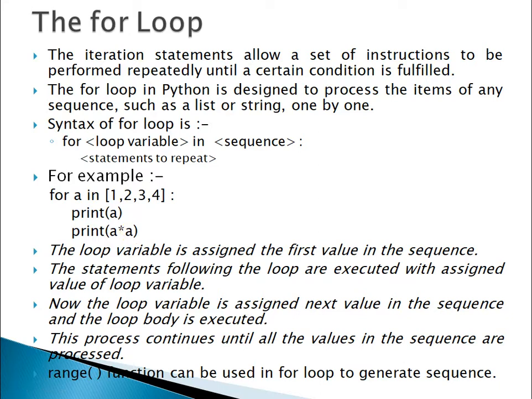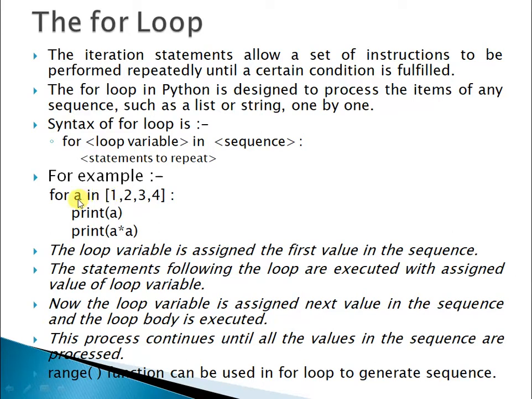So these 2 lines that follow the for loop will be called the body of the loop, because they are at the same indentation level. This is the loop variable a, because each loop has a loop variable that moves from the lower limit to upper limit. So this a will move inside this sequence.